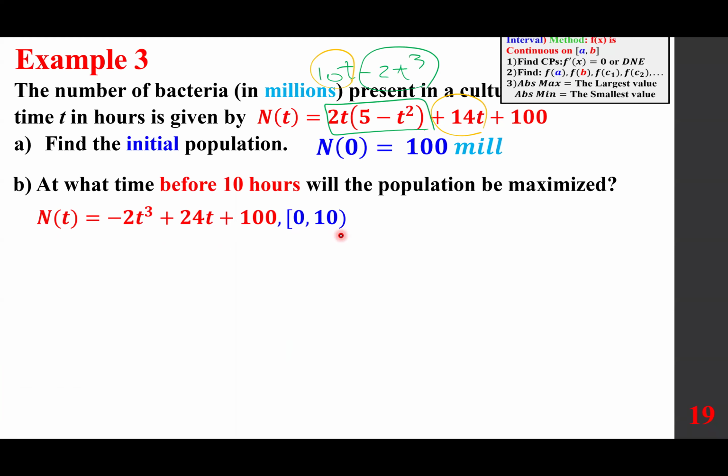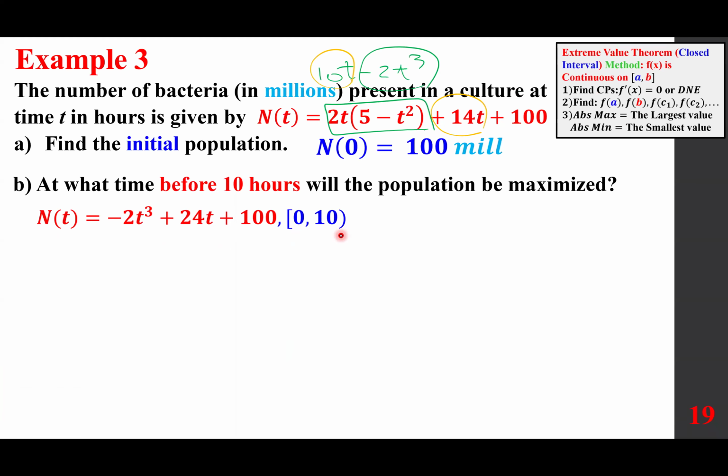And so I remind you, when we have an extreme value theorem or closed interval theorem, as long as it's a continuous function, which is a polynomial of degree 3, and both sides are closed, you have to check the endpoints and the critical point. The endpoint 10, we don't have to check. The endpoint 0, we must check. We already have the answer. So let's find the critical point by finding n prime of t.